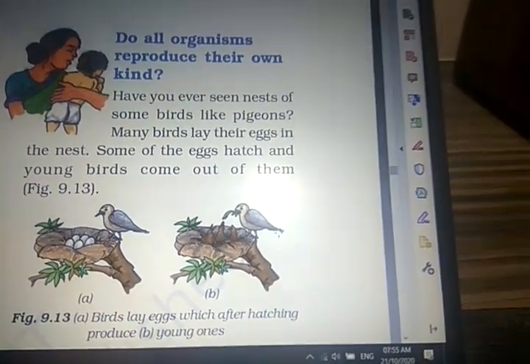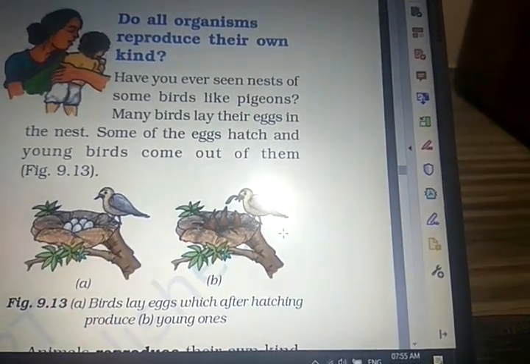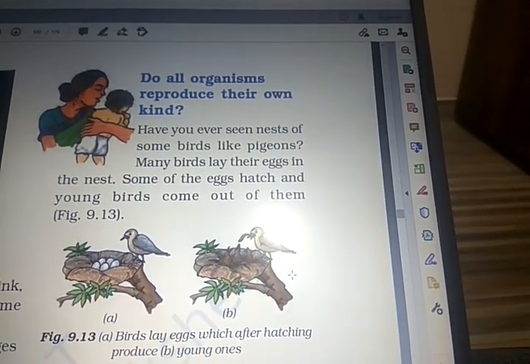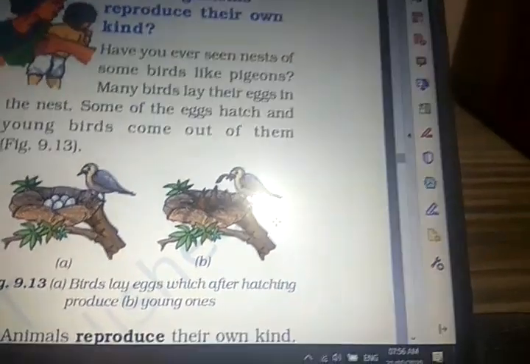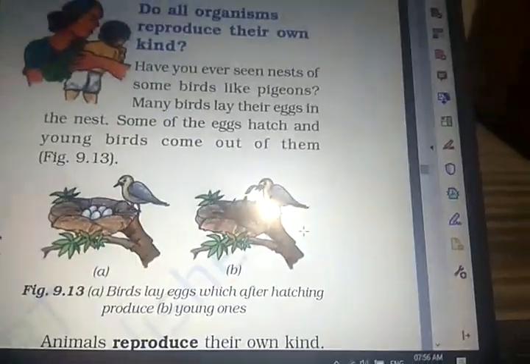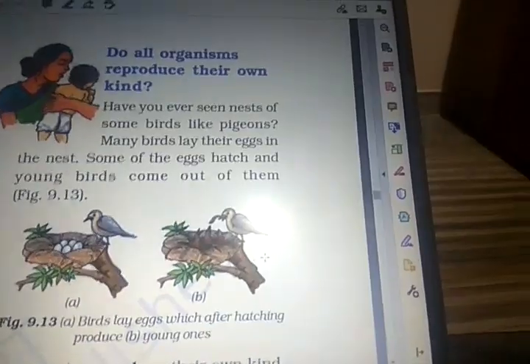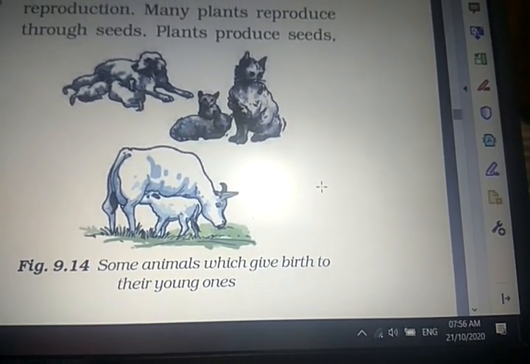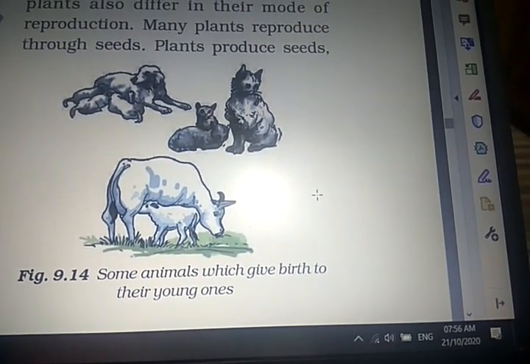So you see that it is a very important characteristic, that is reproduction. Here you see in the pictures that birds lay eggs, which after hatching produce young ones. Here you can see the young ones of cat, dog, and cow.